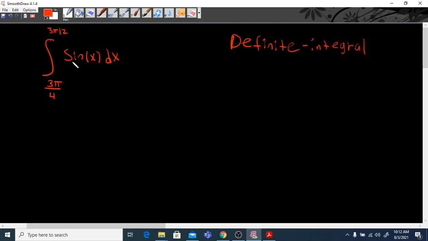So let's just jump straight in and do it. The function that we're integrating here is sine. What we need to think of is, what do we take the derivative of to get us sine as a result? Now the derivative of sine, of course, is cosine, so it's not going to be cosine.